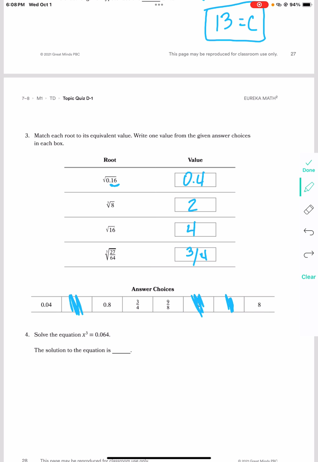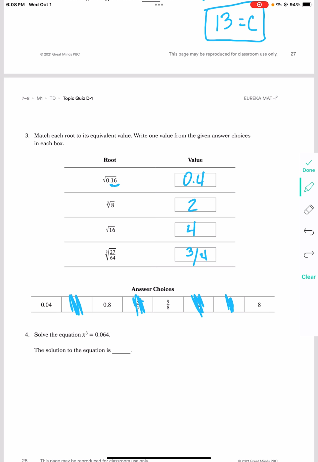So that means 3/4 would be the answer for the last one, okay? This should have been pretty simple. That's literally just breaking down square roots, and y'all have a paper to do that, so it should be clicking by now.